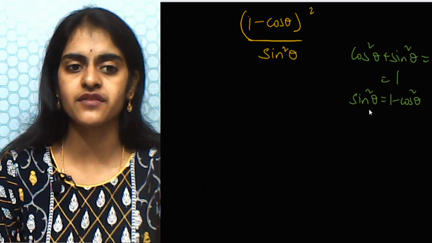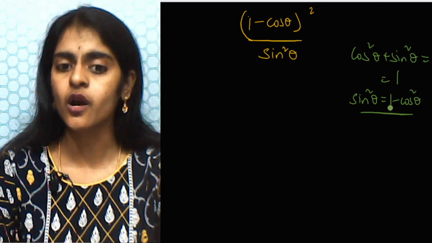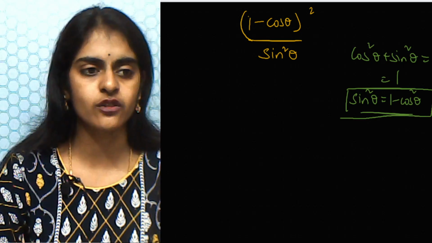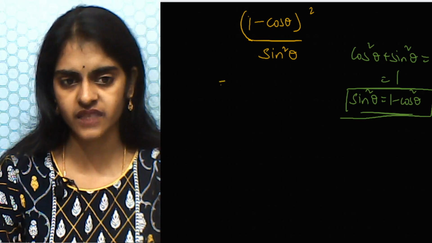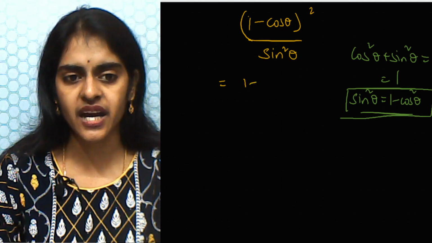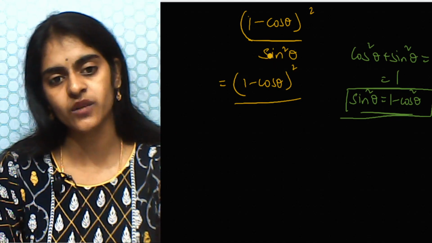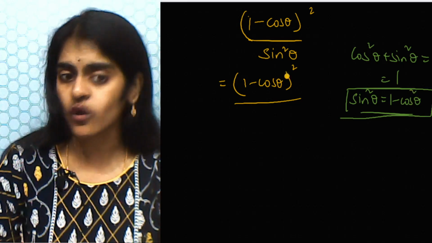So the value of sine square theta is 1 minus cos square theta. I want to substitute this here. So 1 minus cos theta whole square divided by sine square theta becomes divided by 1 minus cos square theta.